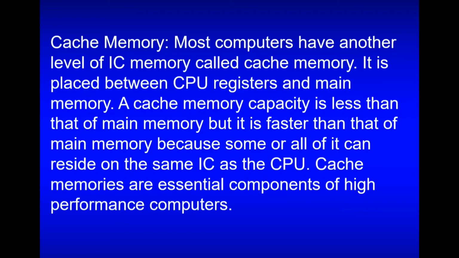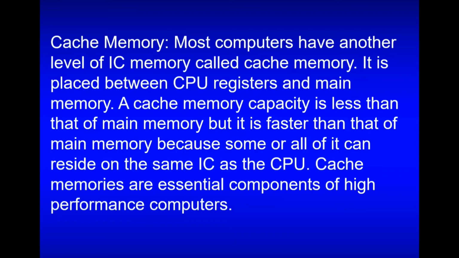Most computers have another level of IC memory called cache memory. It is placed between the CPU register and main memory. A cache memory's capacity is less than that of main memory. See, it's a very important point. Cache memory is smaller as compared to the main memory, but it is much faster than the main memory because some or all of it can reside on the same IC as the CPU.